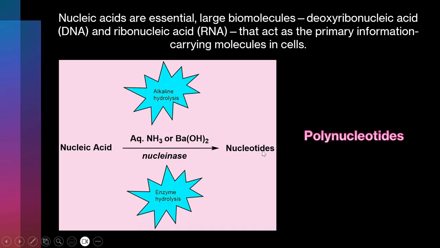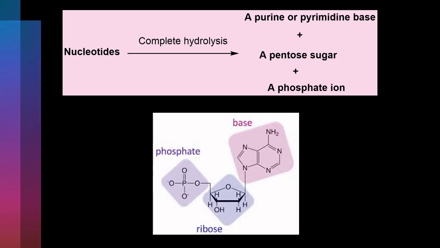So, nucleic acids are essentially long chain polymers made up of nucleotides. In other words, they can be called polynucleotides. Now, let us see what nucleotides are.